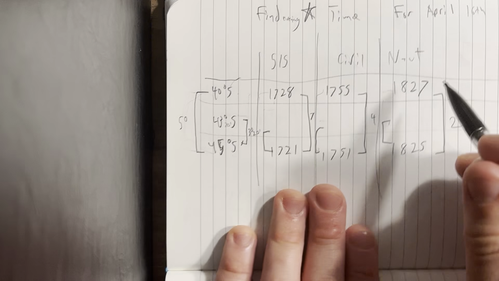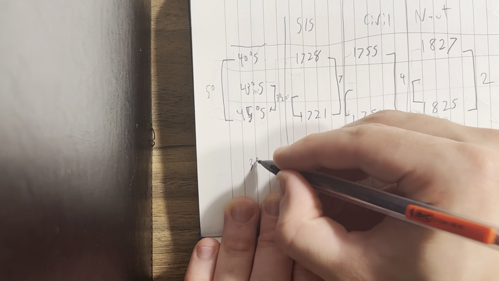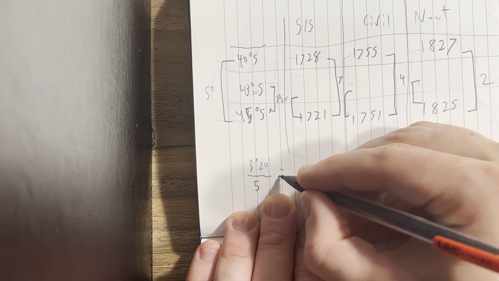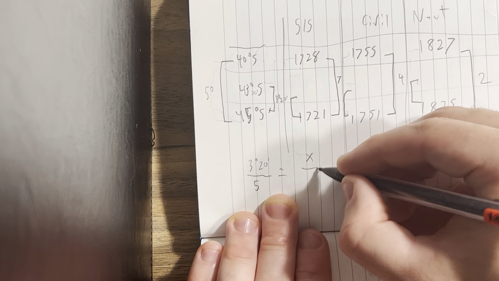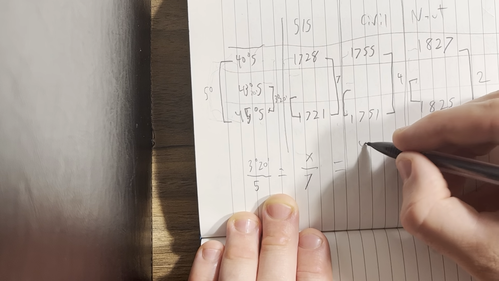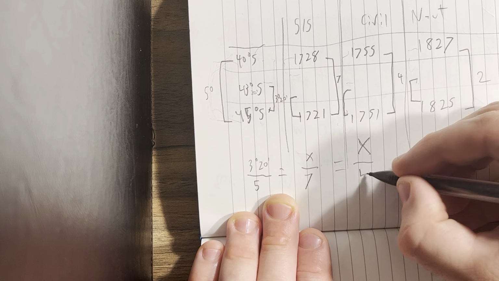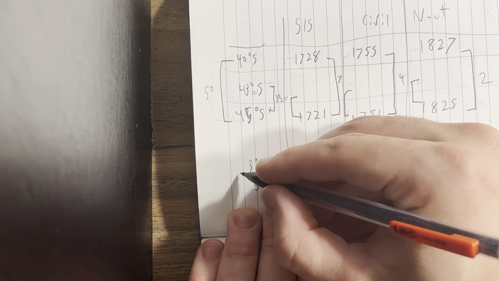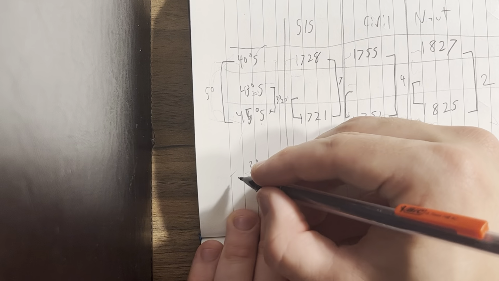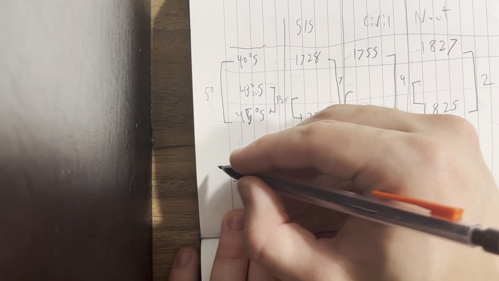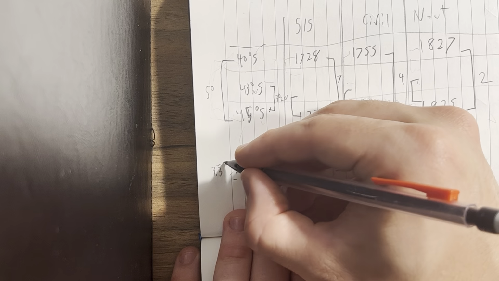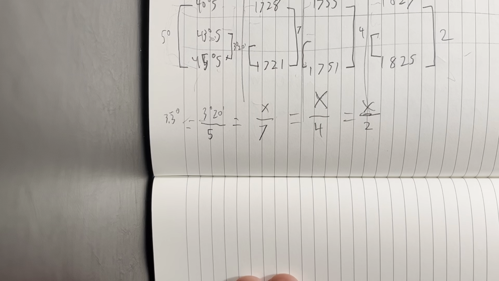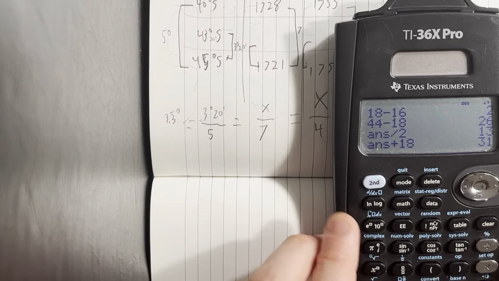So now we actually set up our ratios. We'll do 3 degrees 20 minutes over 5 is equal to x over 7, and is also equal to x over 4 and x over 2. And without even needing the calculator, I know that 3 degrees 20 minutes is equal to 3.3 repeating degrees, because 20 is 1/3 of a full degree.